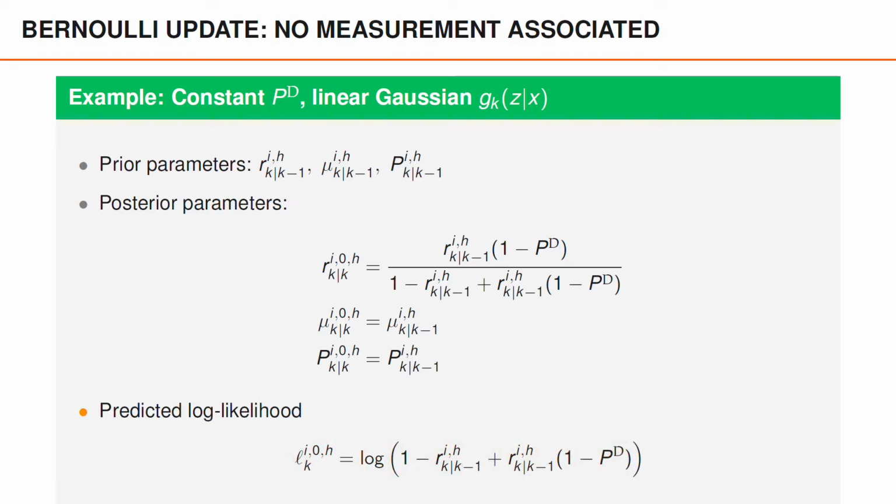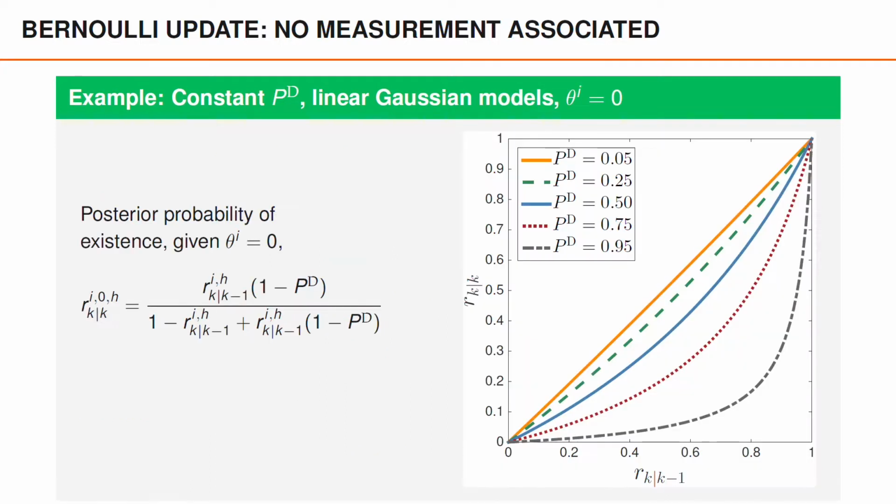We can illustrate what the posterior probability of existence is for some different values for the prior probability of existence and the probability of detection. Here we've plotted the posterior probability of existence as a function of the prior probability for 5 different values for the probability of detection, ranging from very low, 0.05, to high, 0.95.